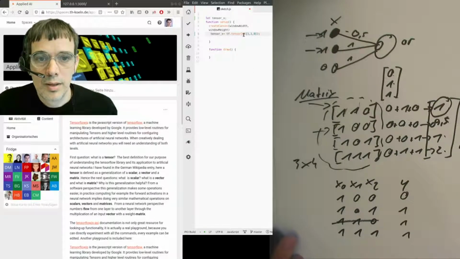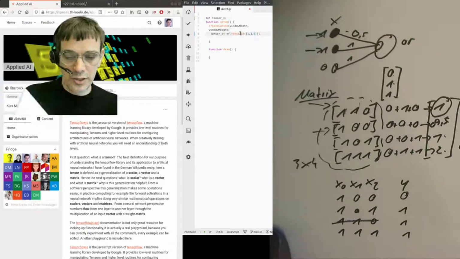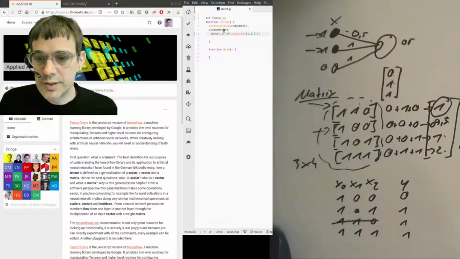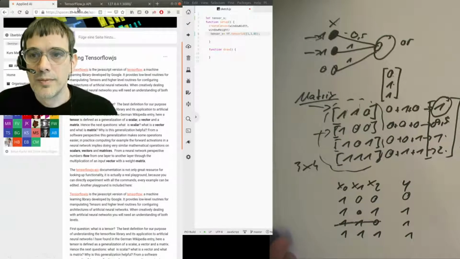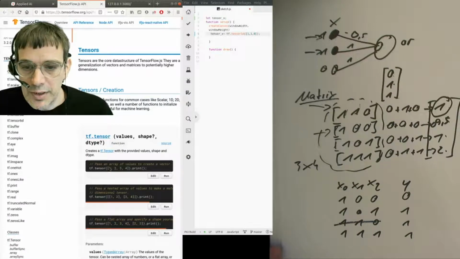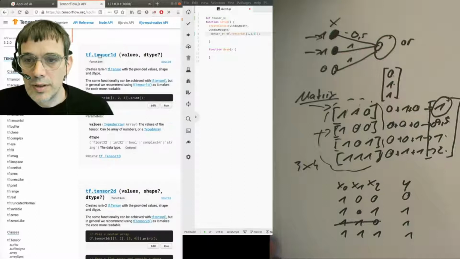If you don't know that by heart, or if you don't have a cheat sheet like I have here, where I have my program printed out, what you can always do is look at the API. For example, here is one way of how to define a tensor.